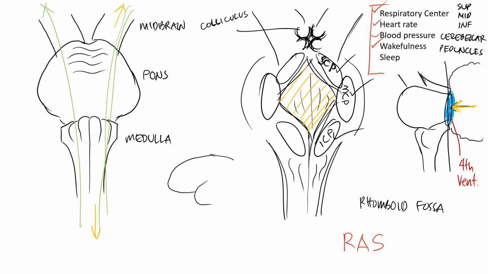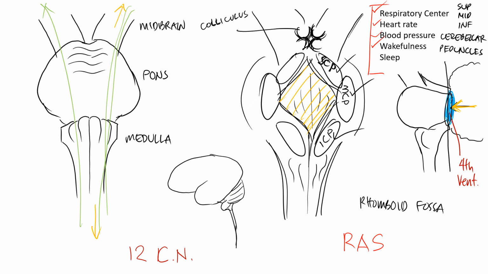You have a total of 12 pairs of cranial nerves. That's your midbrain, pons, medulla, spinal cord. So, remember, when you talk about the brainstem, you cannot not talk about the cranial nerves.